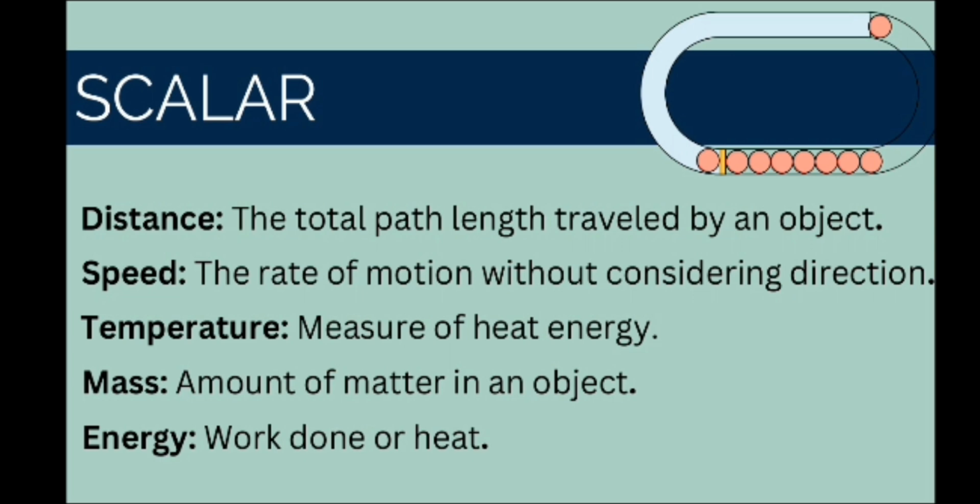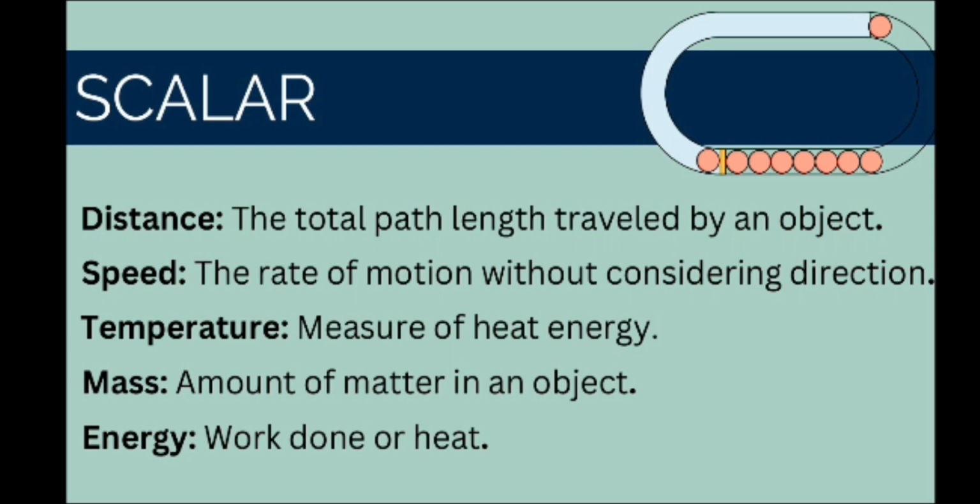This refers to the weight of something and can be described by numerical values like kilogram, milligrams, and so on. The last one is energy, the work done or heat. Energy is the ability to change or move. It is described by its numerical value such as joules.